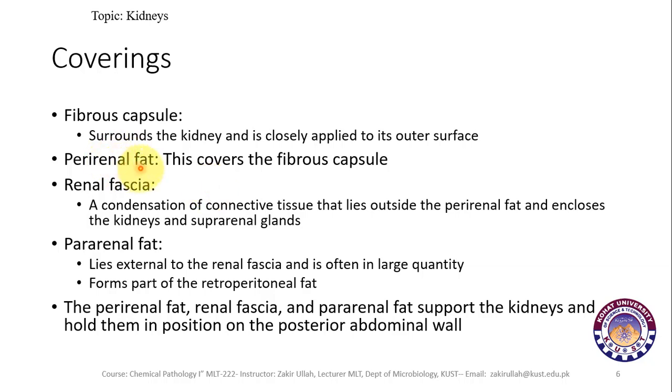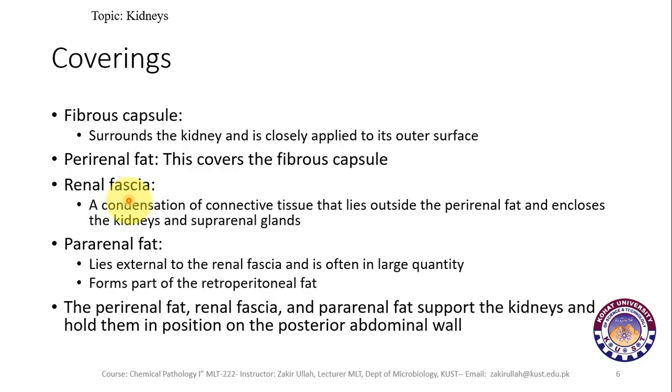That fat is called the perirenal fat, and the renal fascia is another layer, a condensation of connective tissue, which lies outside the perirenal fat and encloses the kidney and the suprarenal glands. So the renal fascia covers the kidneys, the perirenal fat, the fibrous capsule along with the adrenal glands.